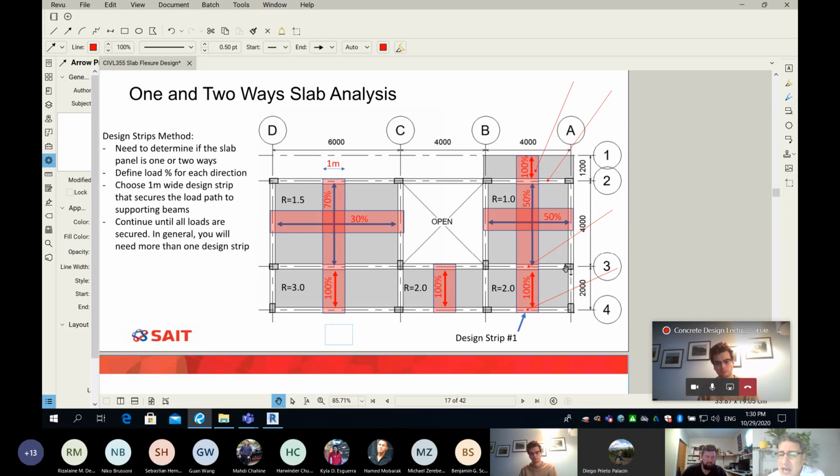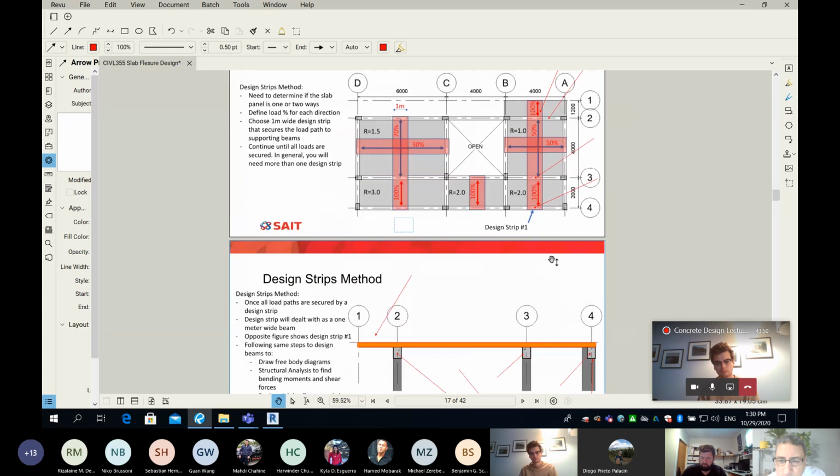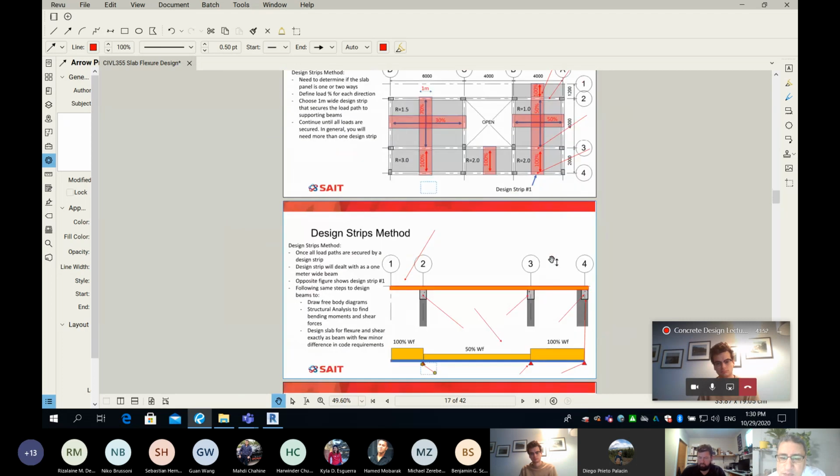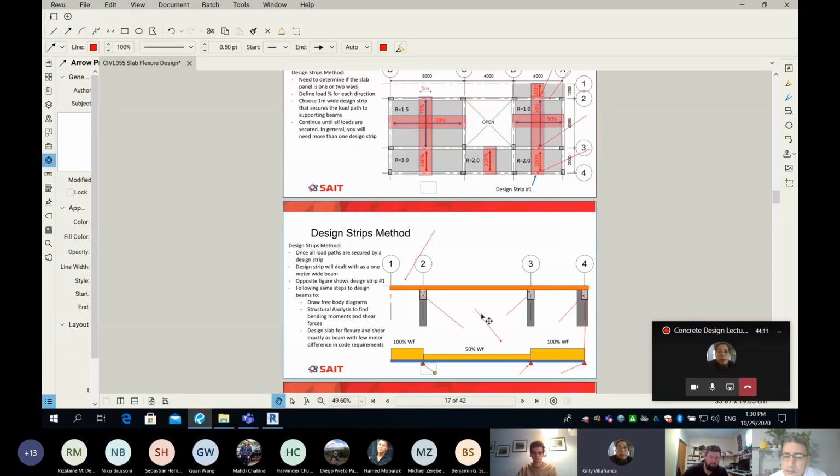Now, guys, I'm going to zoom out so you can see the correlation between the two slides. So now I'm asking you, on the cantilever, this part here, how much of the load does it carry? Does it carry 50 or 100%? No. On the cantilever, look at the plan view, look at my free body diagram.